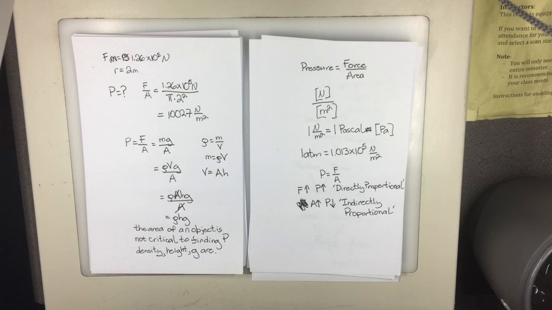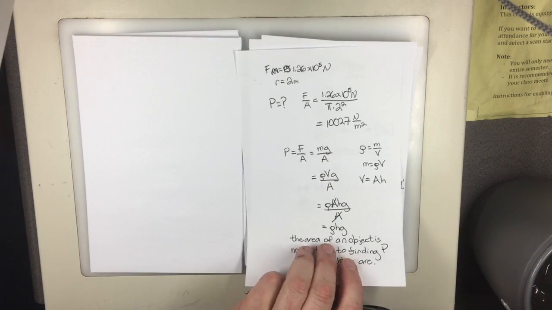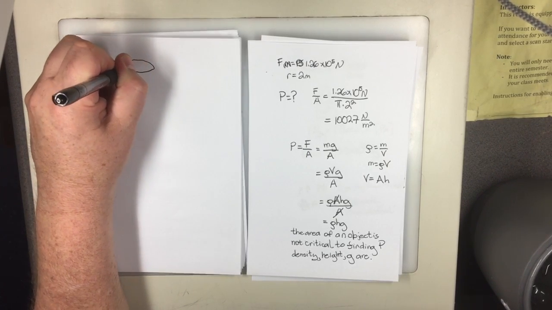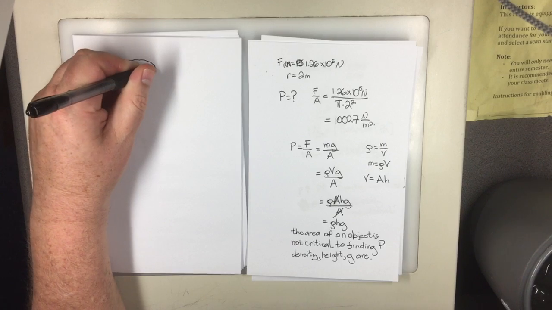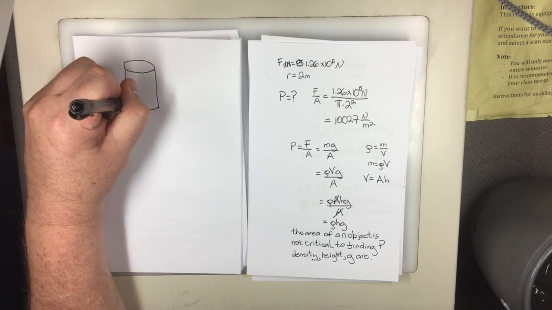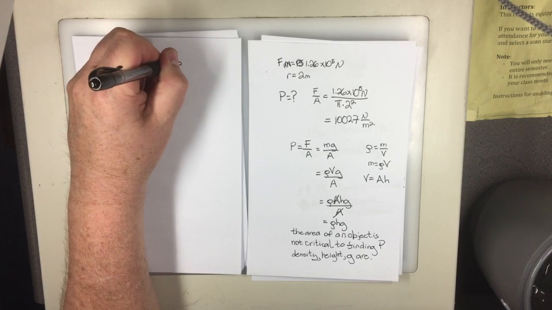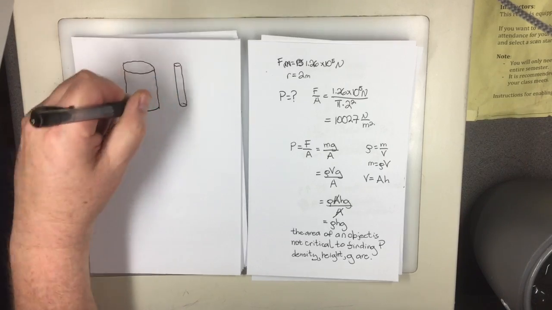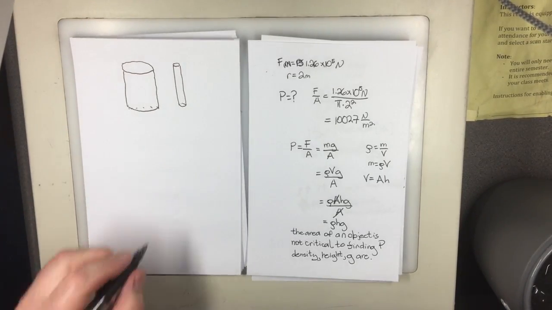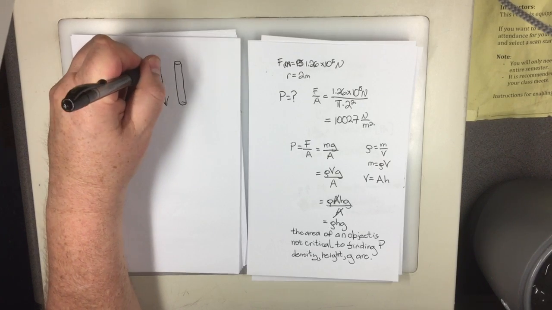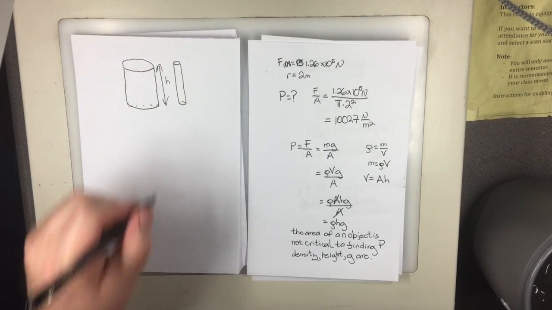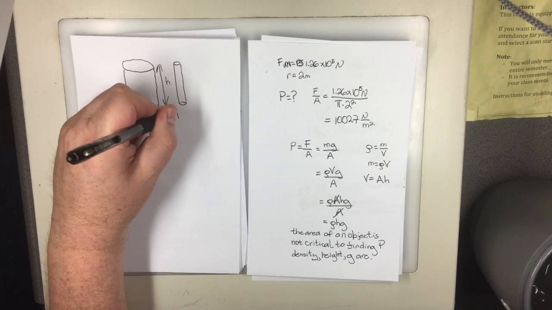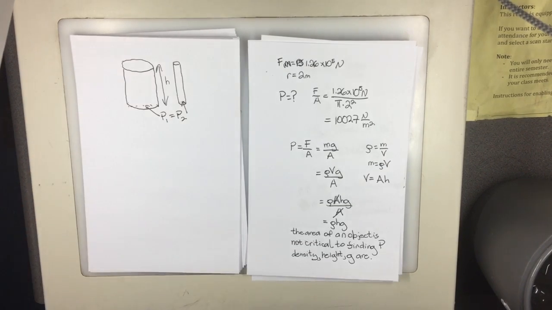If right now we have a cylinder of water like this, and we have a smaller cylinder of water like that, both have the same height, the pressure there would equal the pressure there.